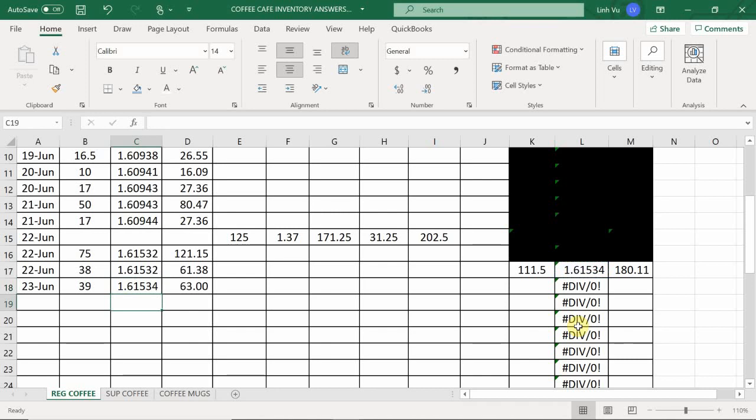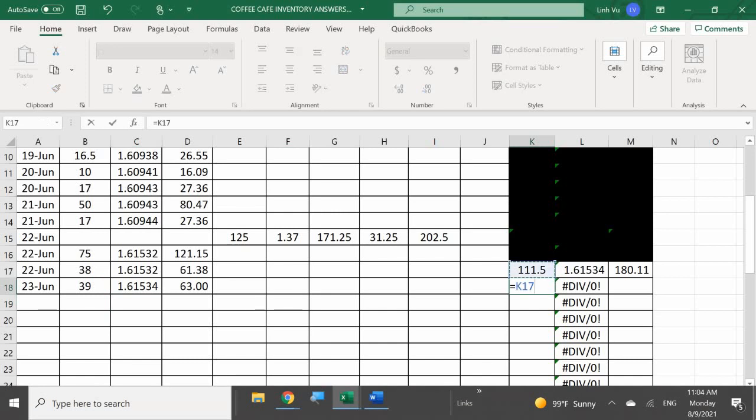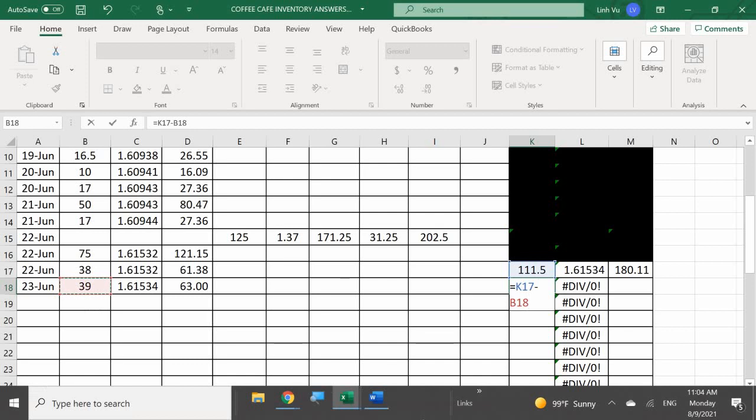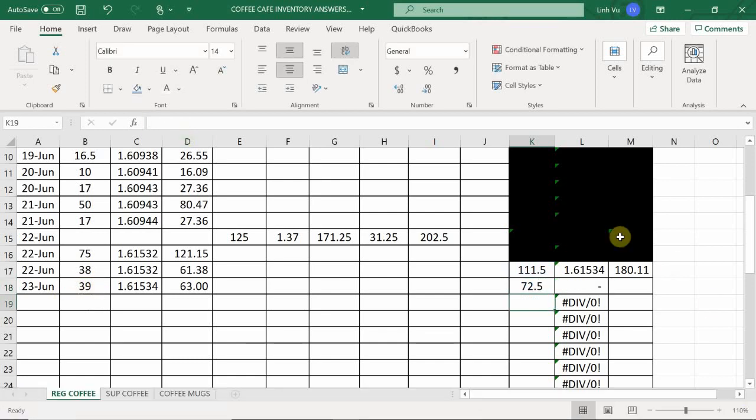Okay, which of course my Excel picks up the formula I've been using, so it gives me an even $63. Okay. So we need to update our inventory because I no longer have 111.5 anymore. I should have 72.5 pounds left.